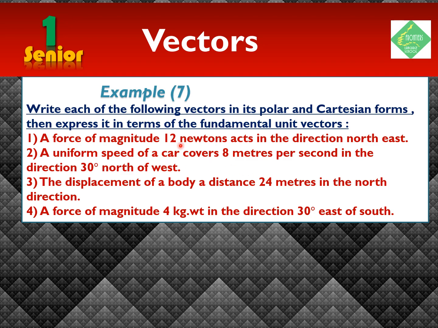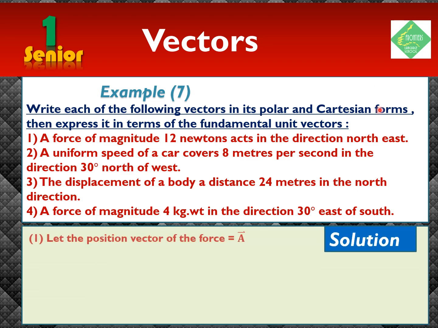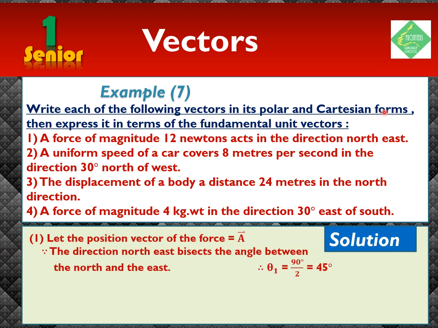You have a force of magnitude 12 Newton acting in the direction of northeast. Northeast means, yes, like east and north. So the angle will be equal to 90 over 2. Why?